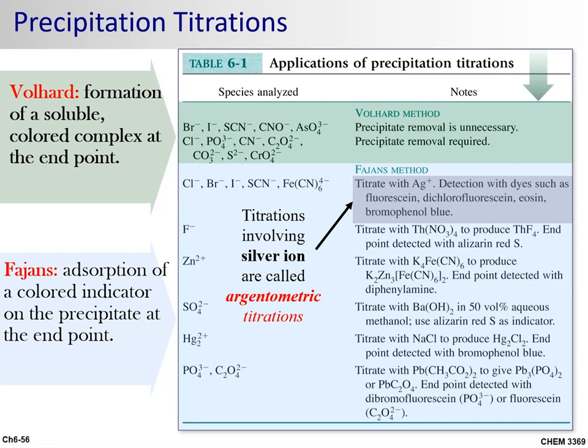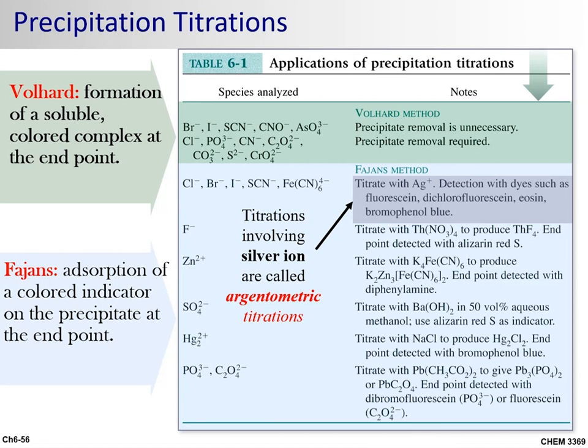So now, past the equivalence point, there will be an excess of silver plus ions. These ions in turn will be adsorbed on the surface, giving the particle an excess of positive charge. The dichlorofluorescein, the indicator, is an anionic indicator.